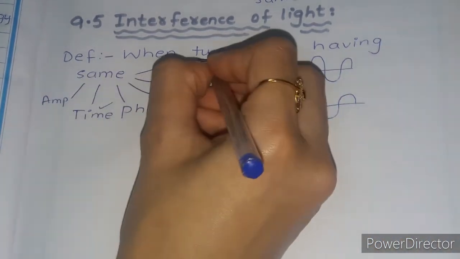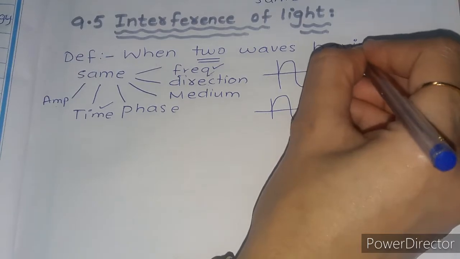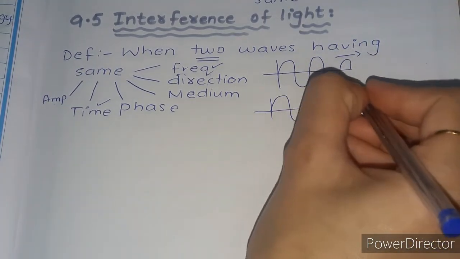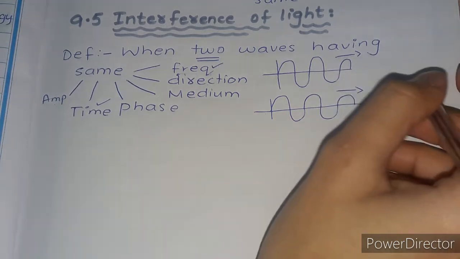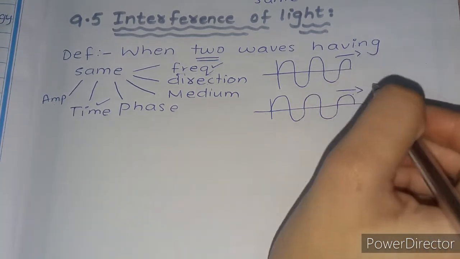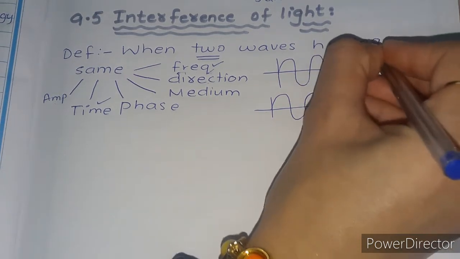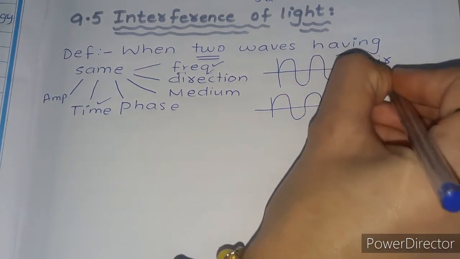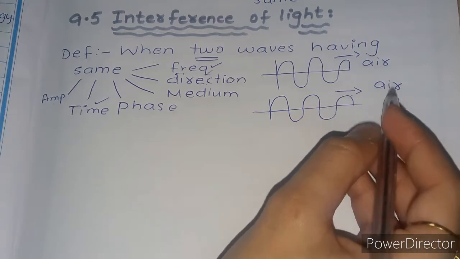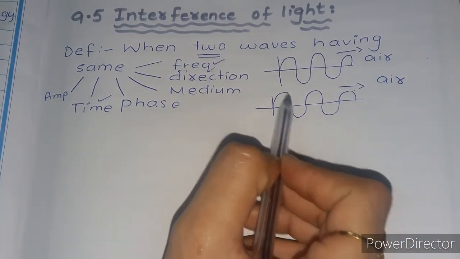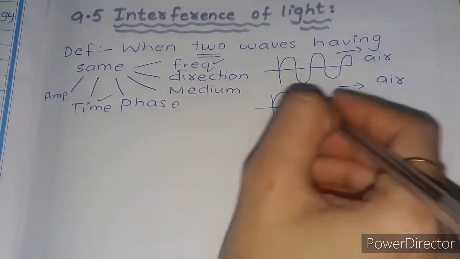Frequency must be the same, time must be the same, direction should be the same. If it is in this direction, then it will also be in this direction. Medium: if it is in the air, this wave should also be in air. Phase means their phases.